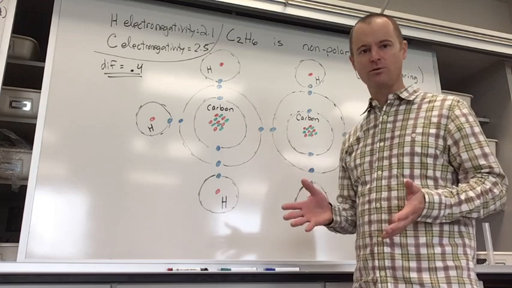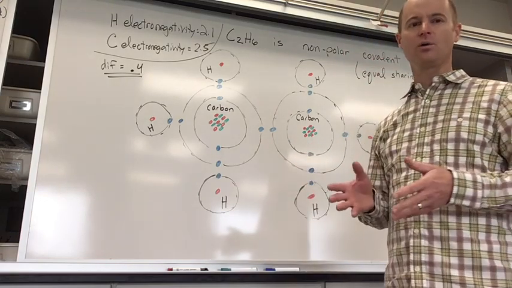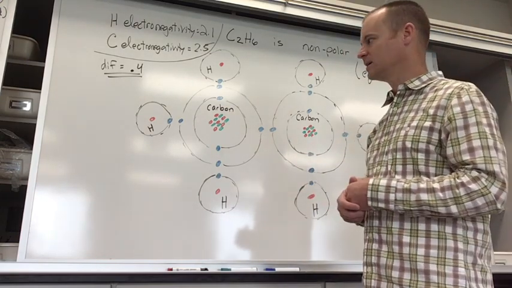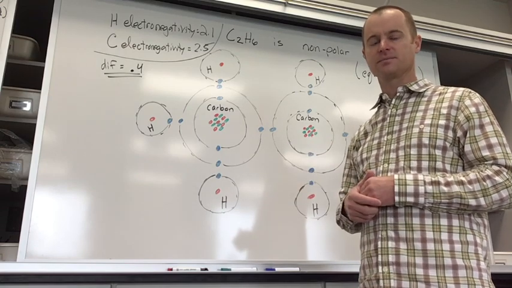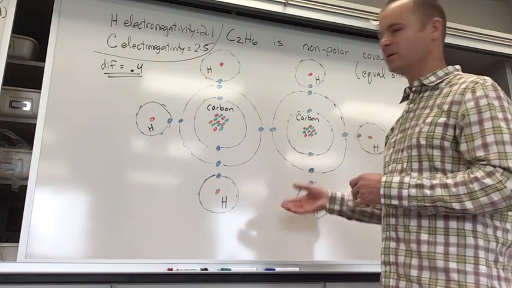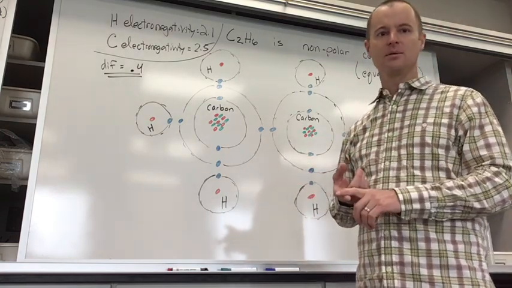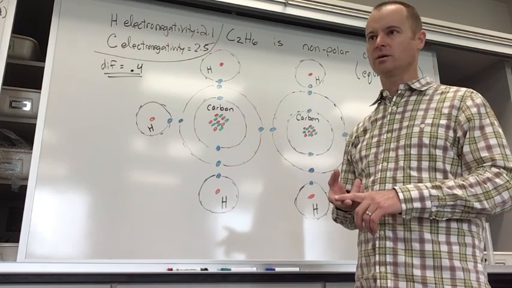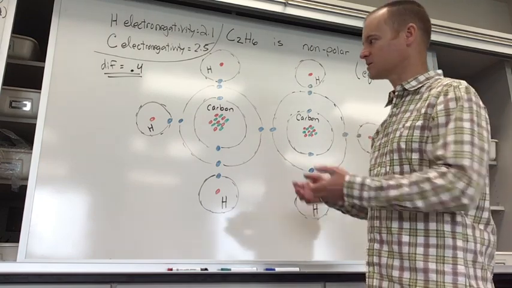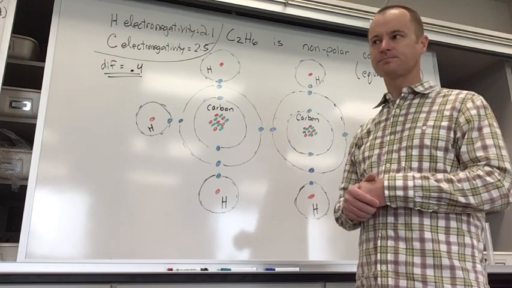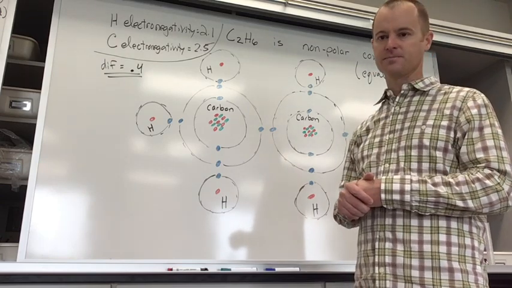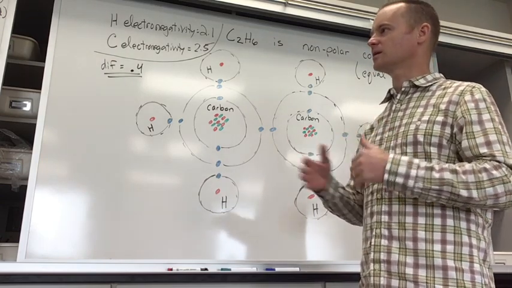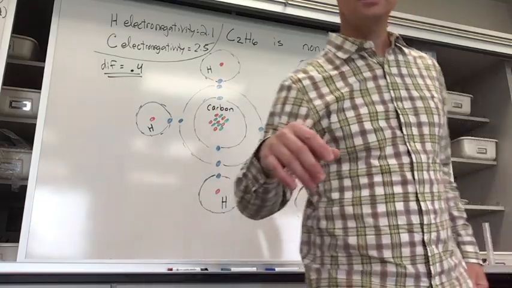In terms like hydrophobic, this molecule would be hydrophobic. It wouldn't interact well with water because water has a charge and this doesn't. So things that are hydrophobic, like in the lab, we're going to look at mineral spirits and vegetable oil. Those mix together really well because they're both hydrocarbons and they're nonpolar covalent. Okay, so I'm going to stop the video here and we're going to take a look at the actual lab that we did.